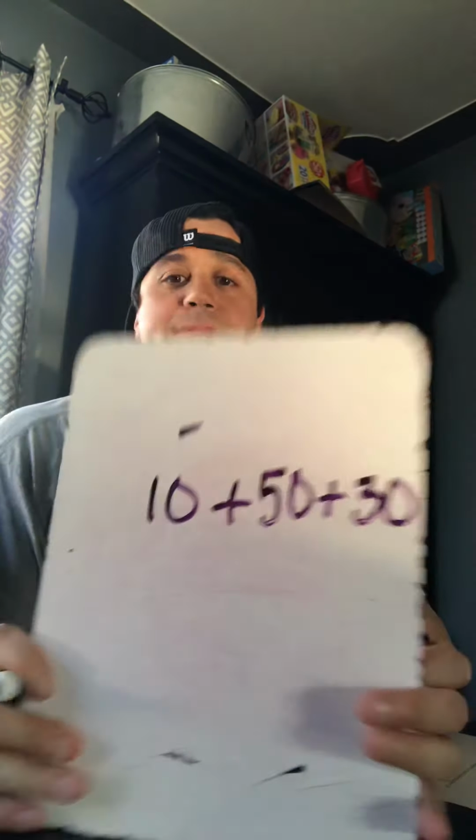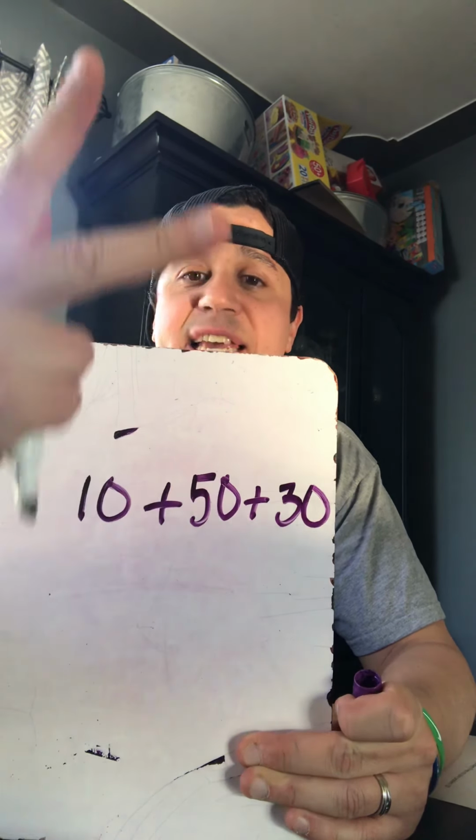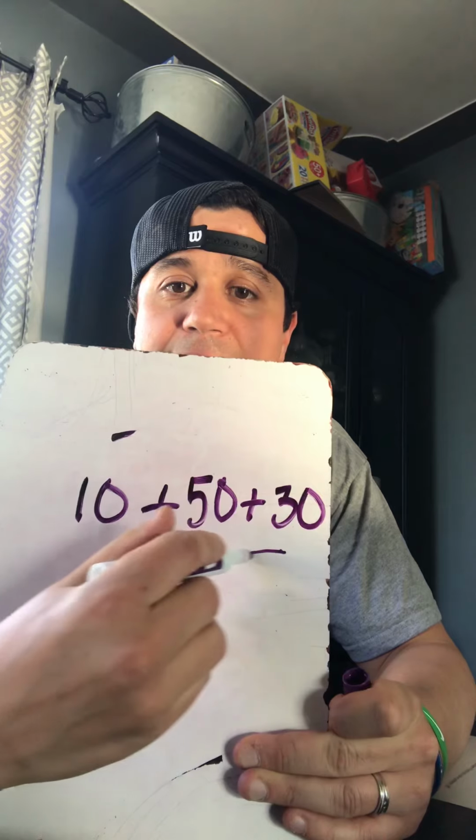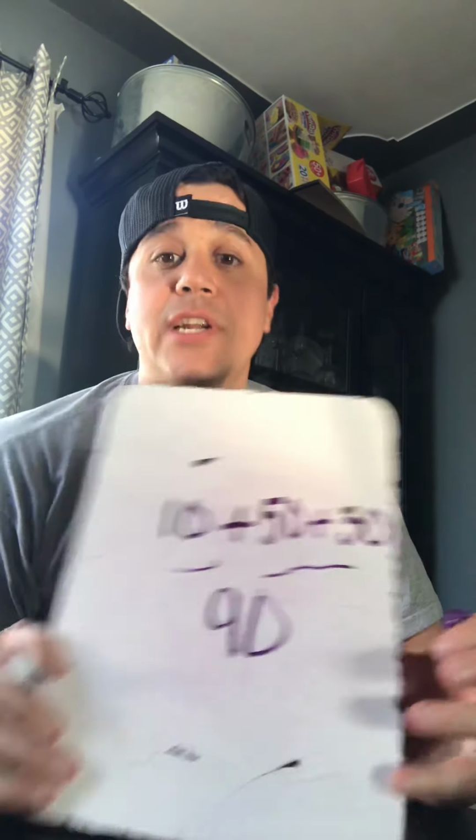So if I know 7 and 3 are 10, then all I need to do is add 50 plus 30. And I know 50, 60, 70, 80. So there's 80 right here, plus that 10, 90. Okay. Every one of these problems, you guys are going to look for a benchmark number, okay? And that benchmark number you're going to be looking for is 10.